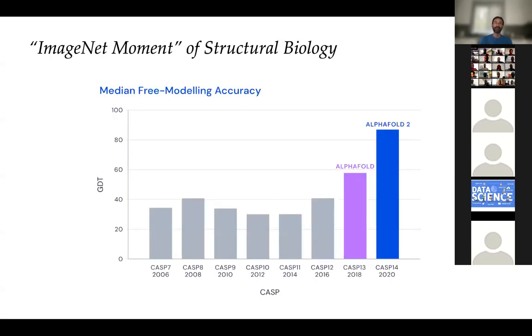And the moment similar to ImageNet that happened in structural biology was in 2018. So this is called the CASP competition, where a newcomer, not from a biological lab, so that was DeepMind with AlphaFold algorithm, that significantly outperformed all the other competitors. And it was a big gap compared to results in the previous years.